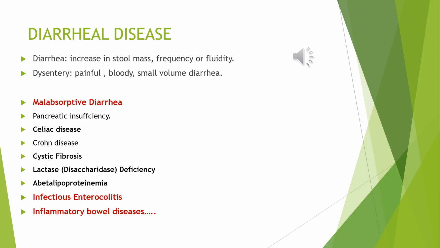The malabsorptive diarrhea will be covered during this lecture, and the causes are diverse. It can be caused by pancreatic insufficiency, celiac disease, and Crohn's disease. And these three diseases are the most common causes of chronic malabsorption in the Western countries.